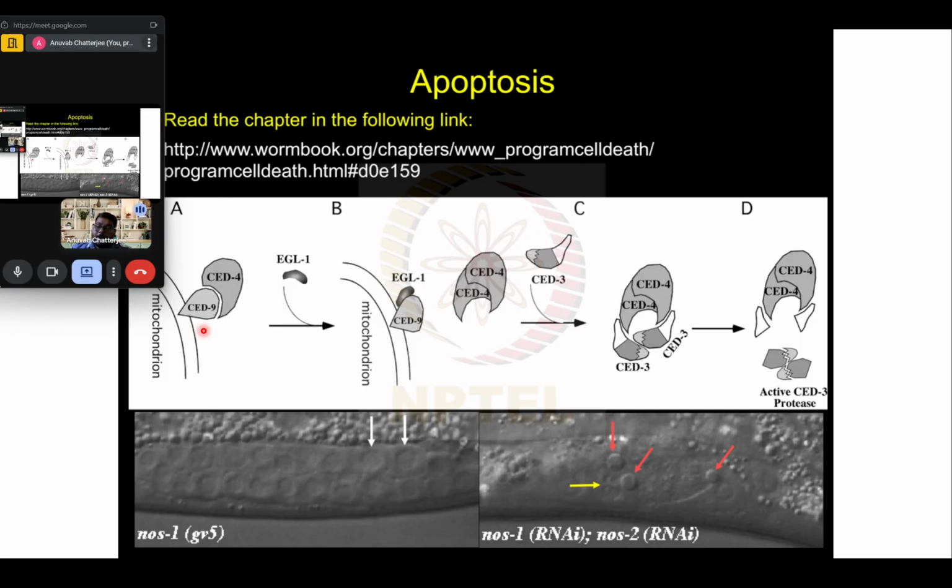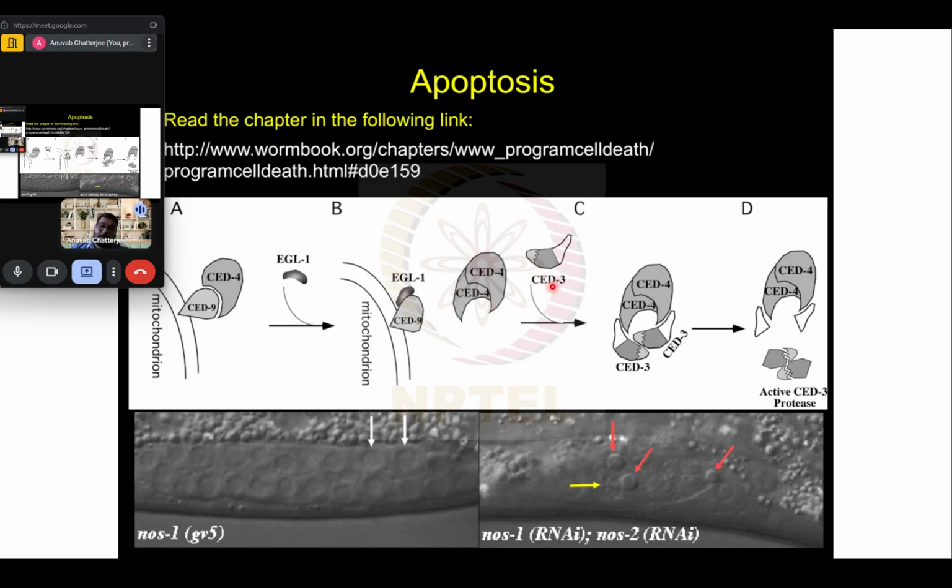On the surface of the mitochondria there is a complex which is composed of SED9 and SED4. When apoptosis has to occur, the cell expresses a lot of Eagle-1 protein, which displaces SED9. So SED4 goes ahead and forms a complex by itself because there is a lot of non-associated SED4 around.